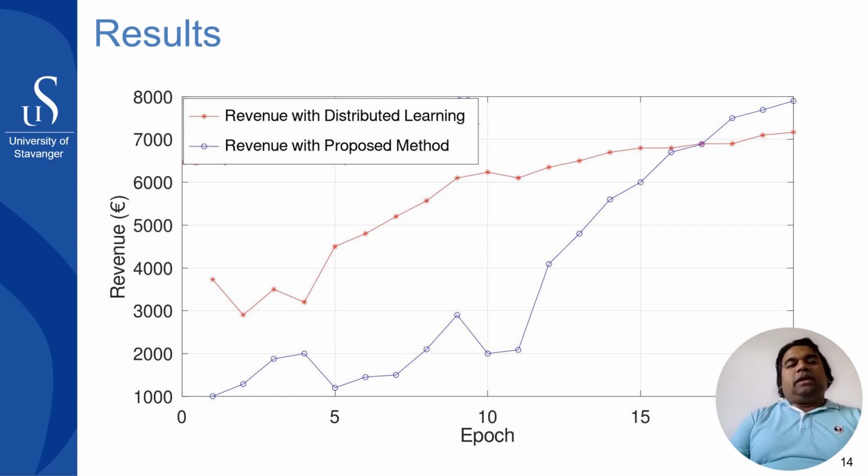With our proposed method, the revenue behaves nicely even with two Byzantine faults. There are some downfalls, but it increases over time and overcomes the situation of the faulty nodes, learning the revenue model nicely. So this is really important.